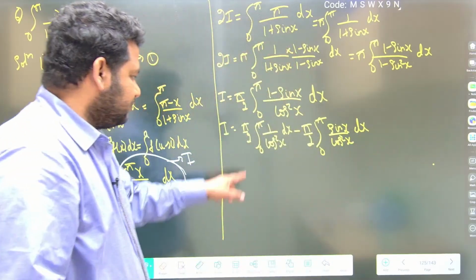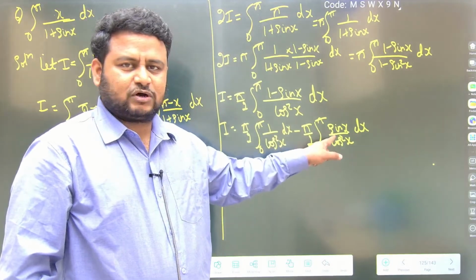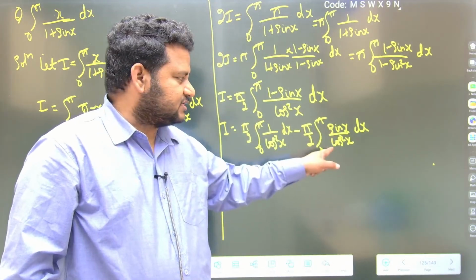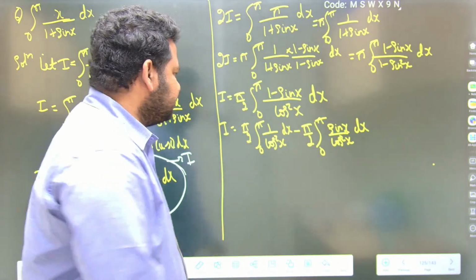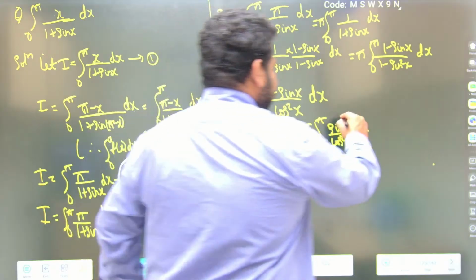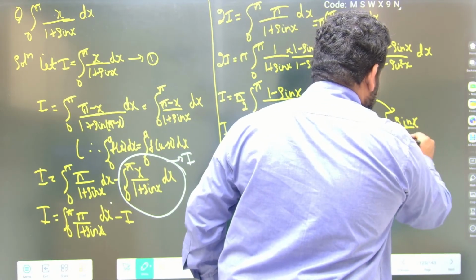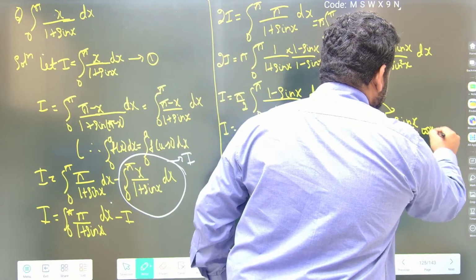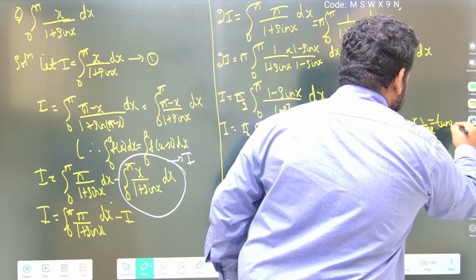Now carefully observe. 1 by cos square x is secant square x. Sin x by cos square x can be written as sin x by cos x into 1 by cos x. Sin x by cos x is tan x, into 1 by cos x is secant x, so tan x into secant x.